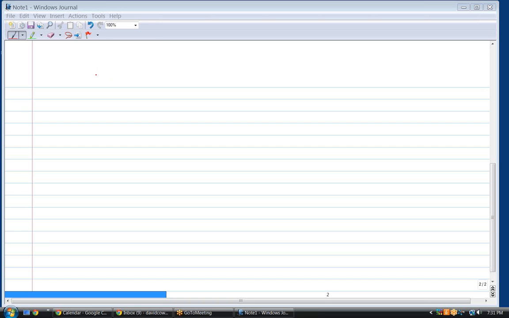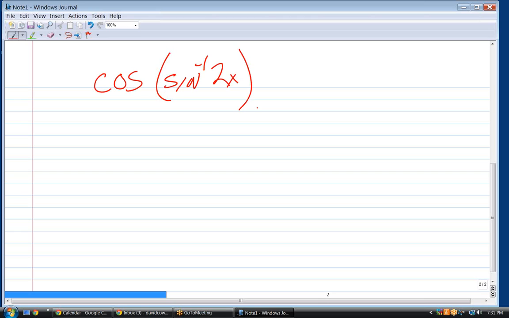The first one is cosine of inverse sine 2x. So it's cosine of inverse sine of 2x, like that? Yes. Is that all they give you? Yep.